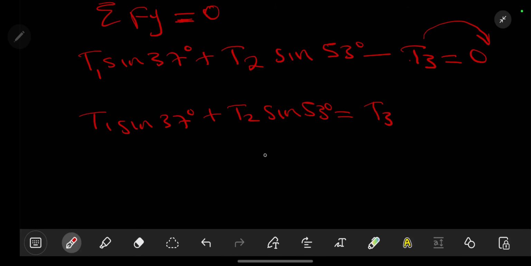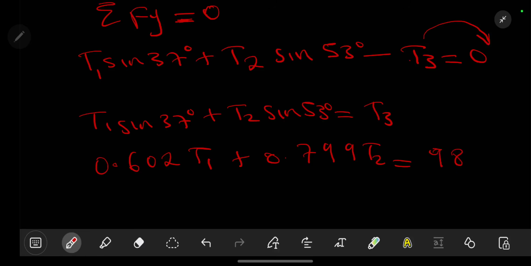So what we can do here is evaluate the values. The sine of 37 gives us a value of 0.602, attached to T1. Then plus the sine of 53, on the other hand, gives us a value of 0.799 T2, which should be equal to our T3.